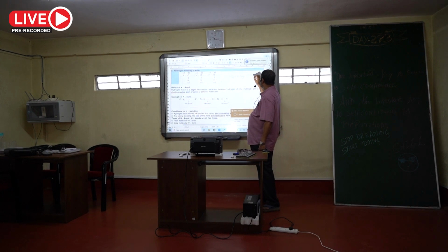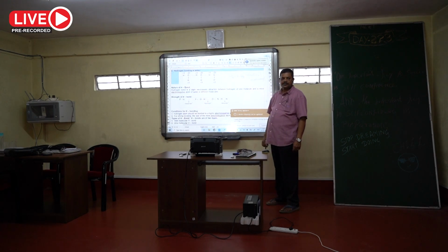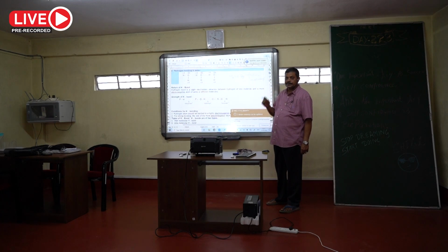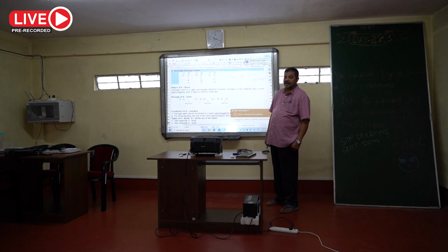This is called nickel carbonyl. Whenever a metal and carbon monoxide react, the compounds are called metal carbonyls. Here the oxidation state of the metal is 0.